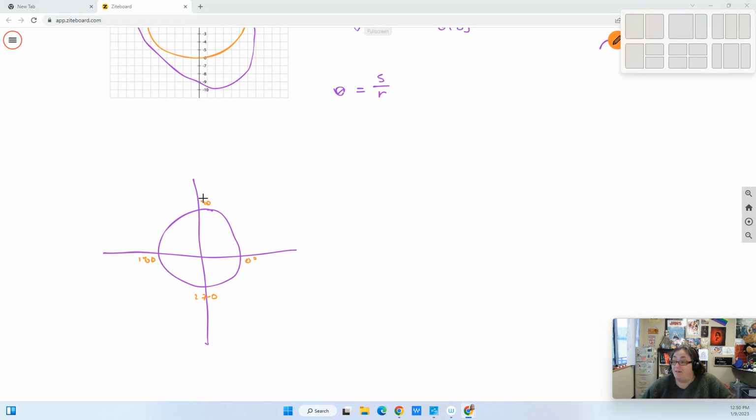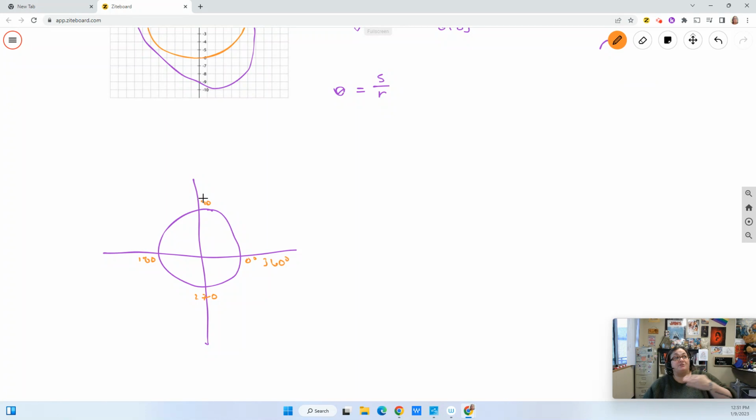And if I divide it by 4, I get 90. If I divide it by 2, I get 180. Each piece we know is 90 degrees, right? So I've got 90 degrees to here, another 90 degrees to here that gives us 180, another 90 degrees to here gives us 270, and another 90 to here we get 360, right?